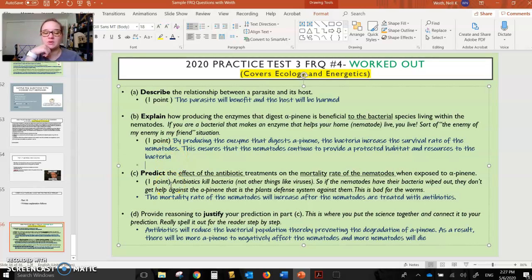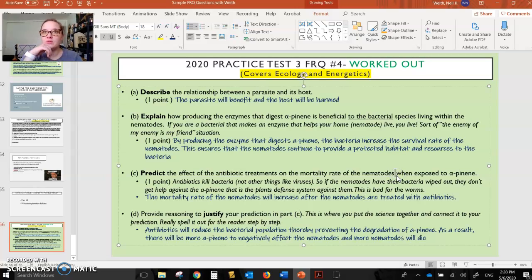Prediction for the next one, in C. The nematodes continue to provide protected habitat and resources for the bacteria. So it's a win-win for worm and bacteria, lose for tree. Predict the effect of antibiotic treatments on the mortality rate of the nematodes when exposed to alpha-pinene.